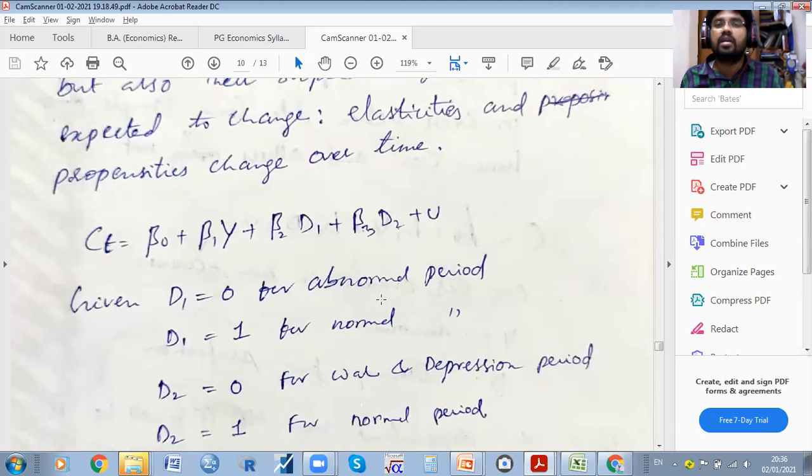We can say normal when the situations are normal, and abnormal when the situations are not good, when there is a war. So what will happen? For example, most of the people have seen that when there are curfews in Kashmir, what will happen?